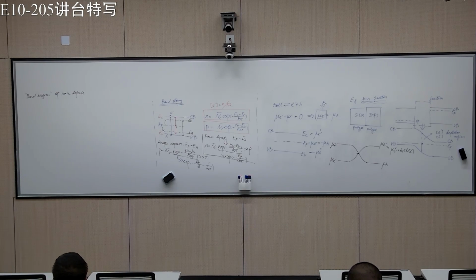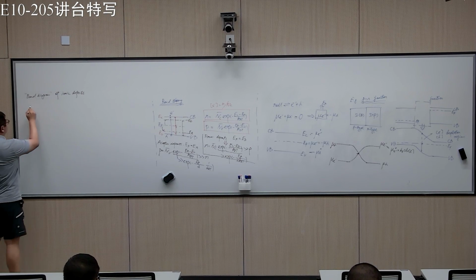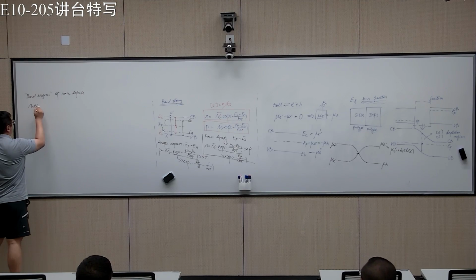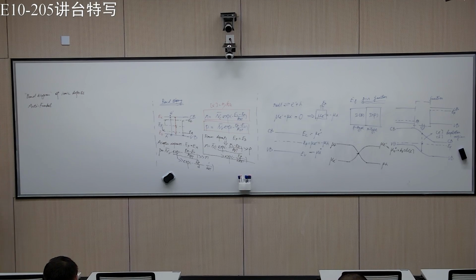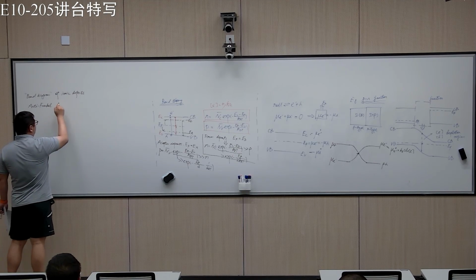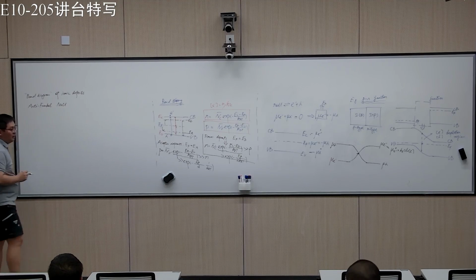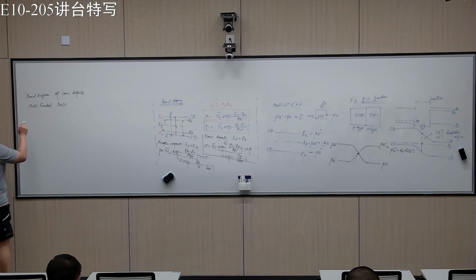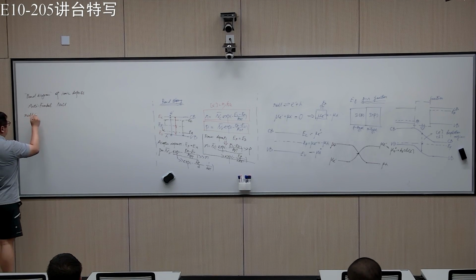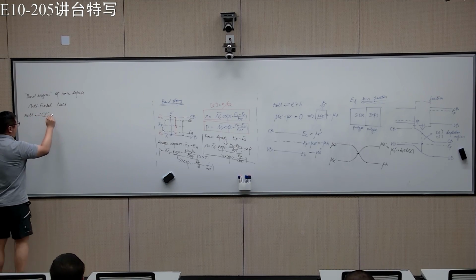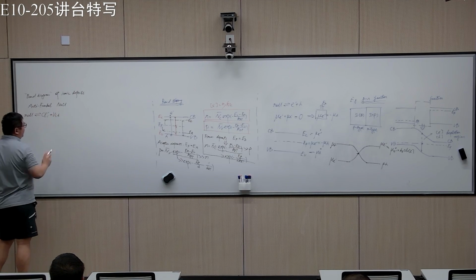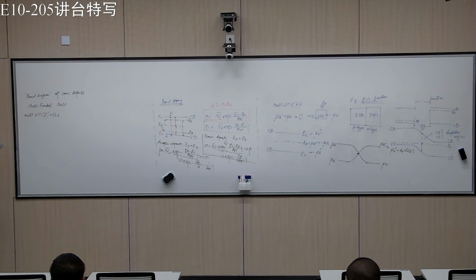Let's think of the anti-Frenkel defect in, let's say, sodium chloride. Basically, you have the formation of a pair of chlorine interstitials and chlorine vacancy. We have been studying this for quite some time, right?